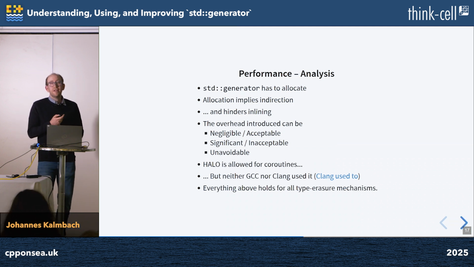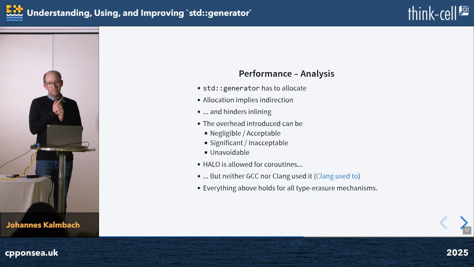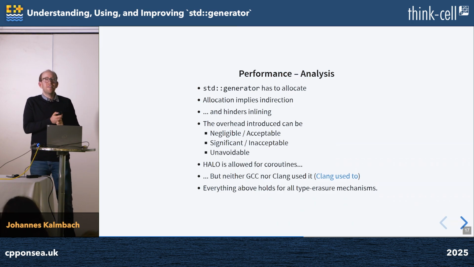The last point here is important. Everything I just said is not special for std::generator. All these allocations, indirection, less inlining goes for every indirect mechanism like type erasure.